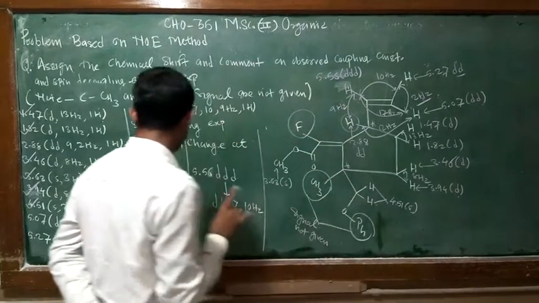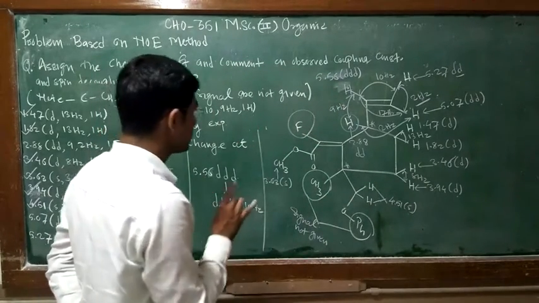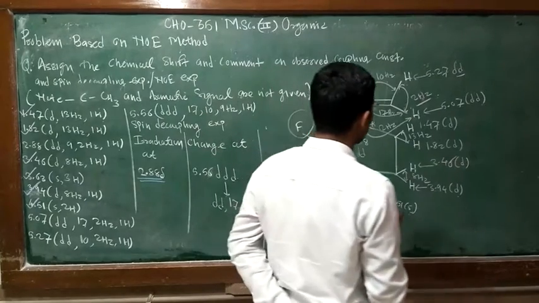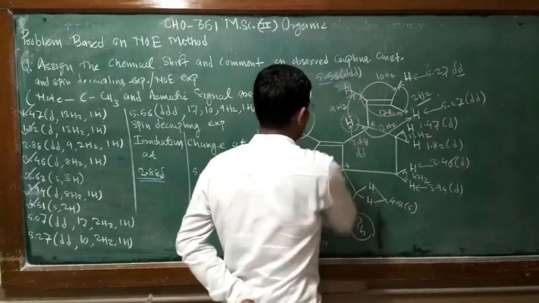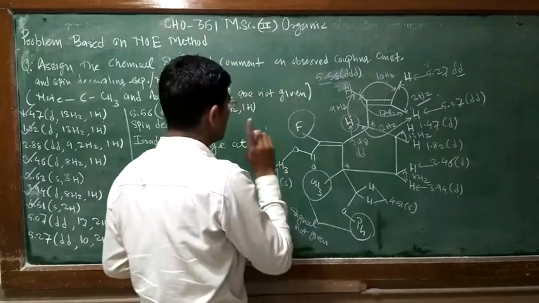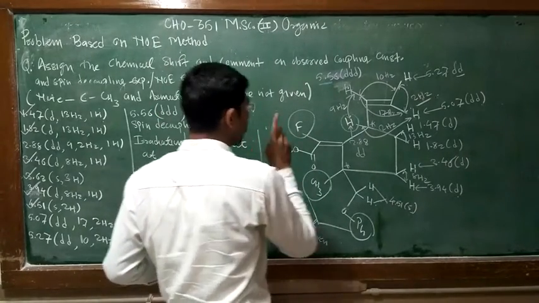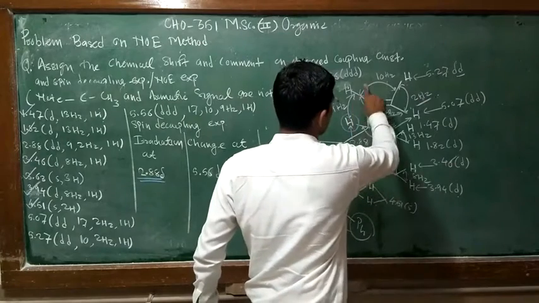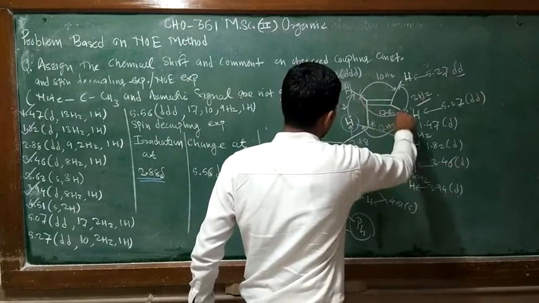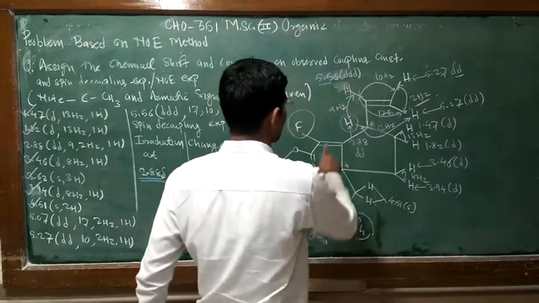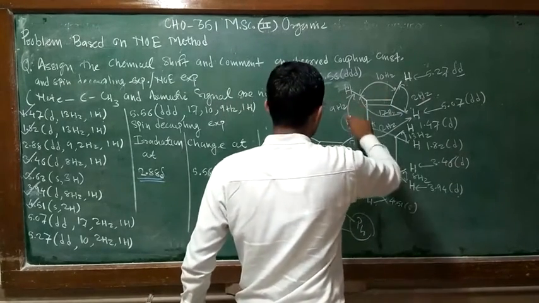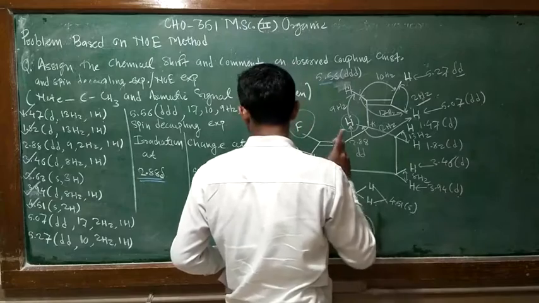After irradiation at 2.88, the signal at 5.56, this signal particularly, is a doublet of doublet of doublet, meaning it is coupled with cis coupling, trans coupling, and also with this proton by allylic coupling: 9 Hz, 17, 10 and 9. So doublet of doublet of doublet.